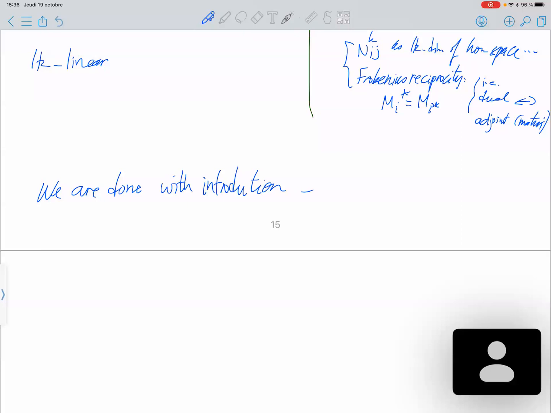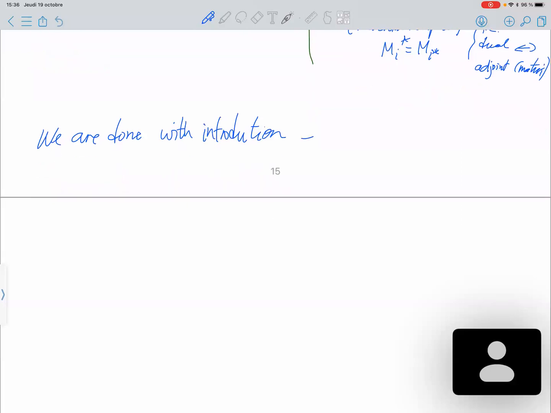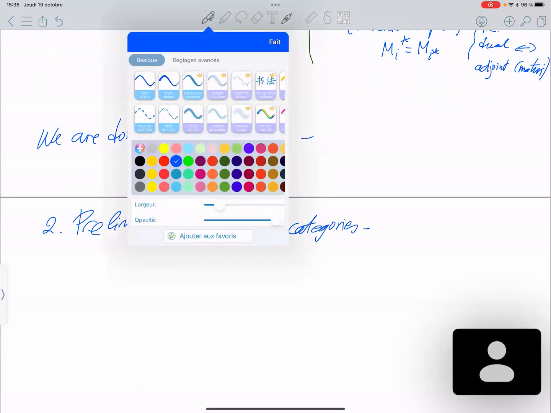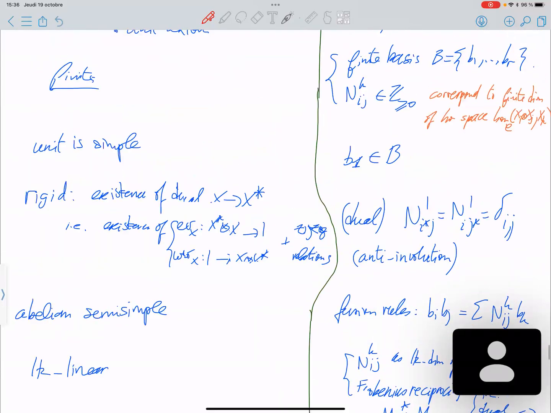Now we'll start a new section called preliminaries on monoidal categories. As I said, I will not recall the definition of a monoidal category.